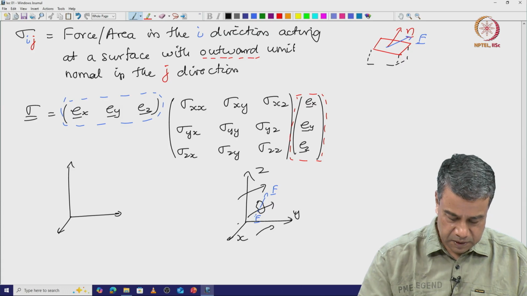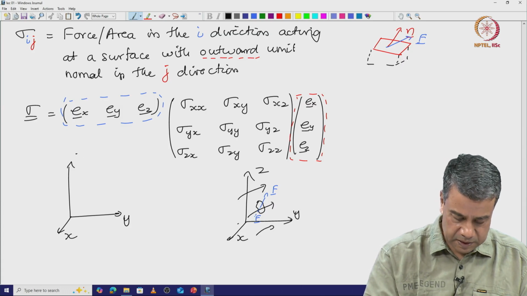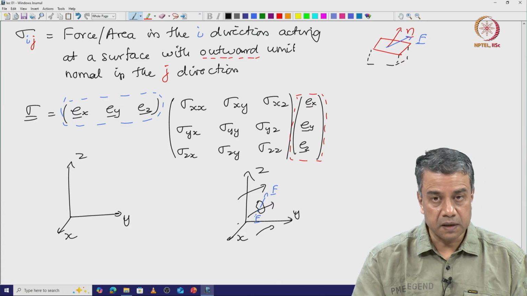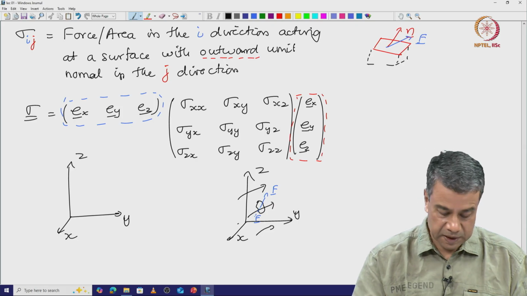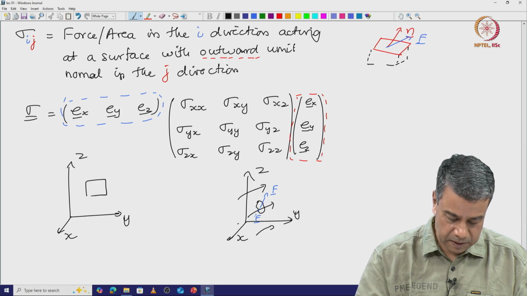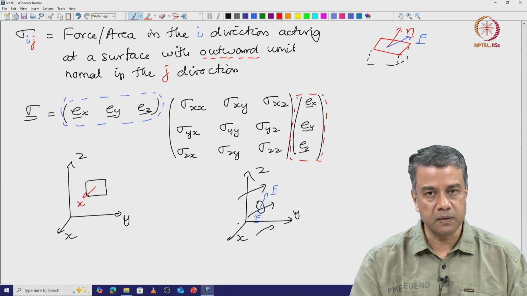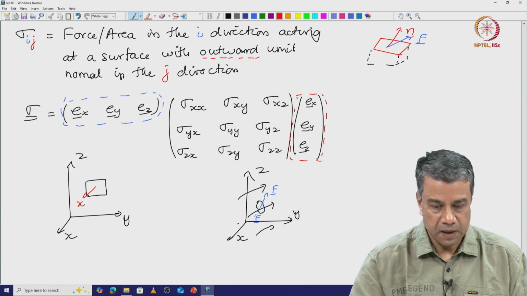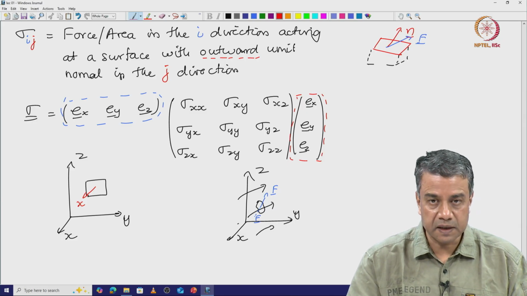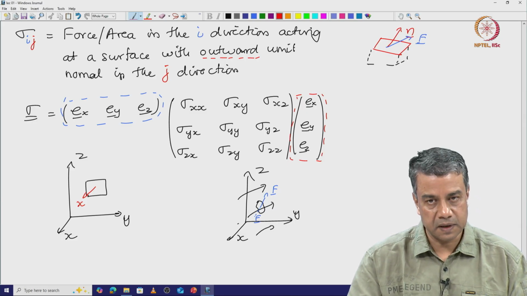So, if this is x, y and z, the surface with outward unit normal in the x direction will be in the yz plane. It will have an outward unit normal in the x direction in the yz plane. And the force per unit area acting at this surface is defined as sigma xx.